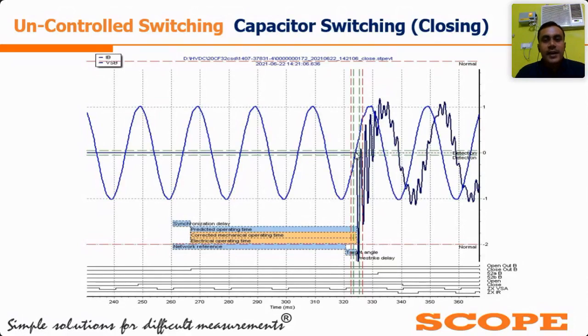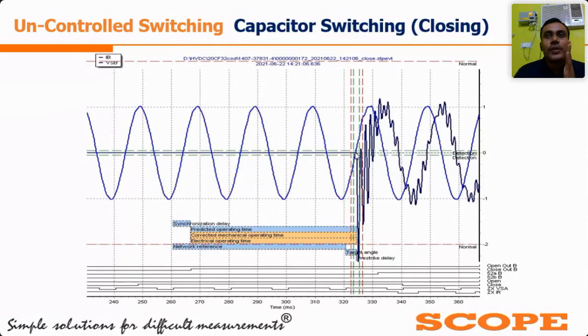Previously we have seen that in a reactor or in an ICT, we closed it at voltage peak, because it is an inductive circuit, so it opposes the change of current.